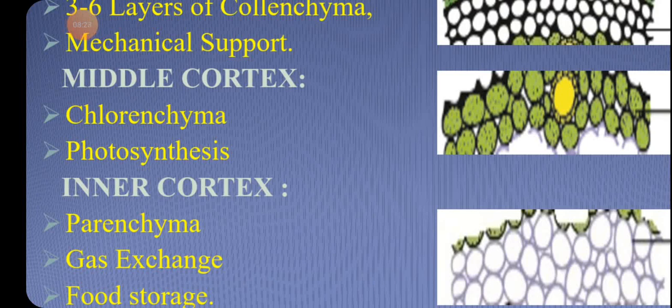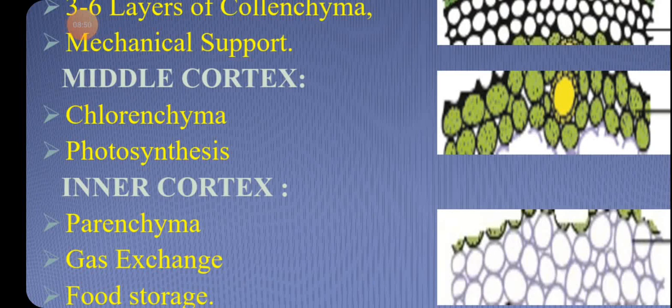Okay, chlorophyll is present. What is its function? Two to three layers of chlorenchyma cells are present. By having chlorophyll, they can do photosynthesis. Photosynthesis means photo means light, synthesis means creating or producing something. What is created? Food is created.